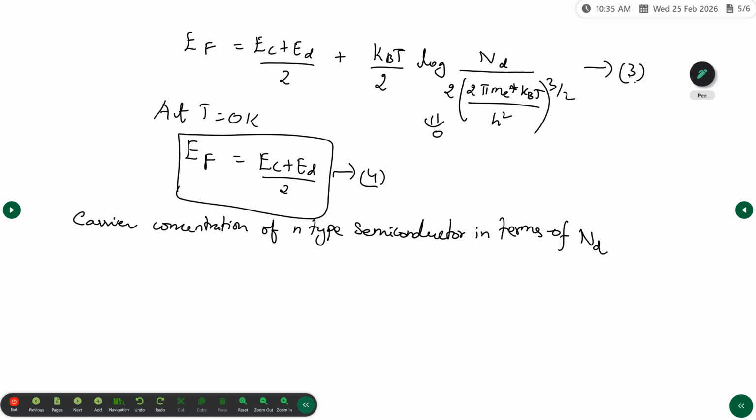So we are going to find the NE in terms of ND.